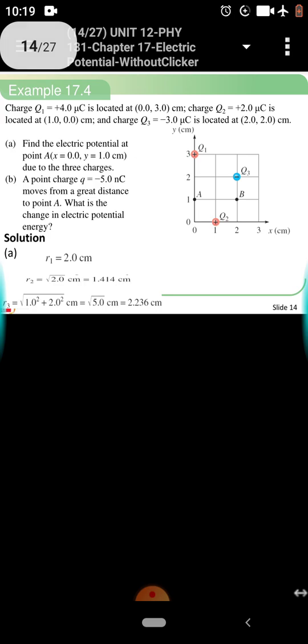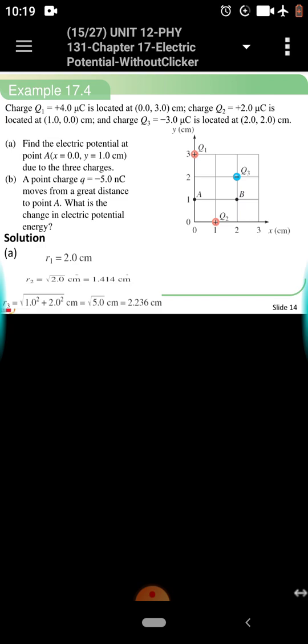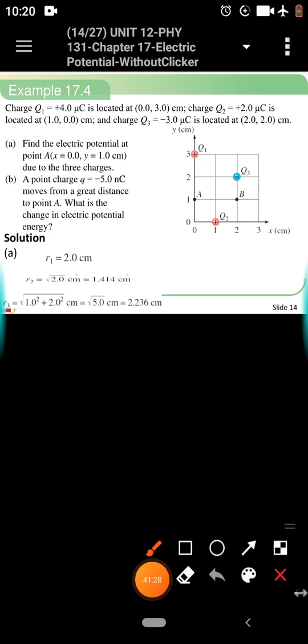We are given the charge, which is negative 5.0 nano. Nano, the n, means 10 to the power minus 9.